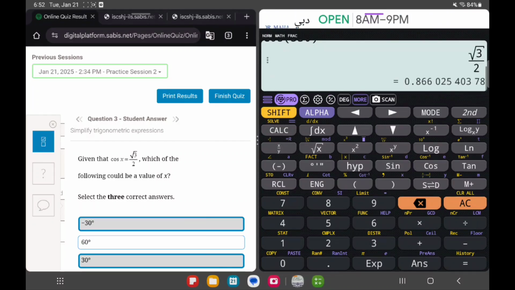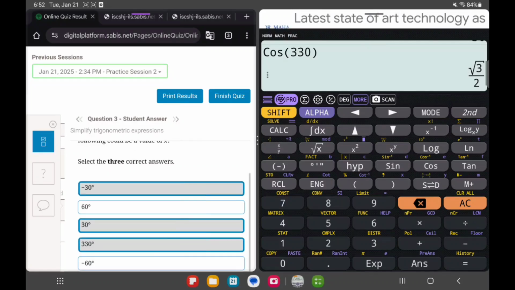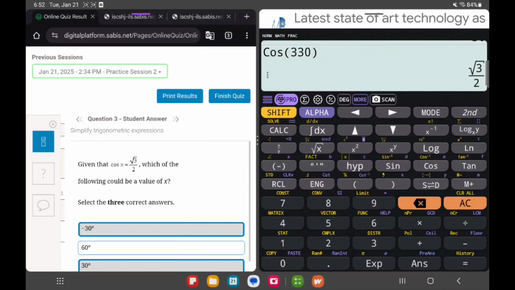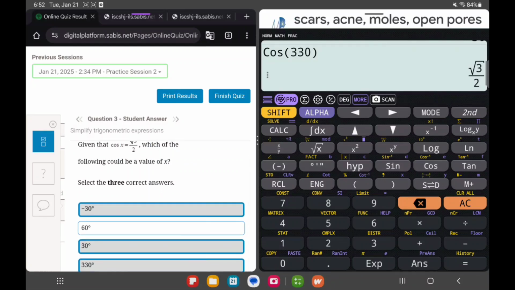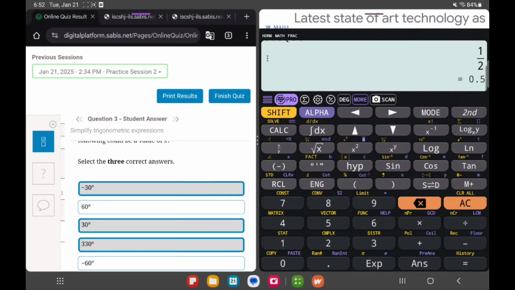So if you want to check one of your answers, just do cosine 330 or 30, and if you get the same value as the one here, that means that's one of your answers. So let's try it for all of them to make sure. Cosine 60 is 1 over 2, so that's not one of the choices.